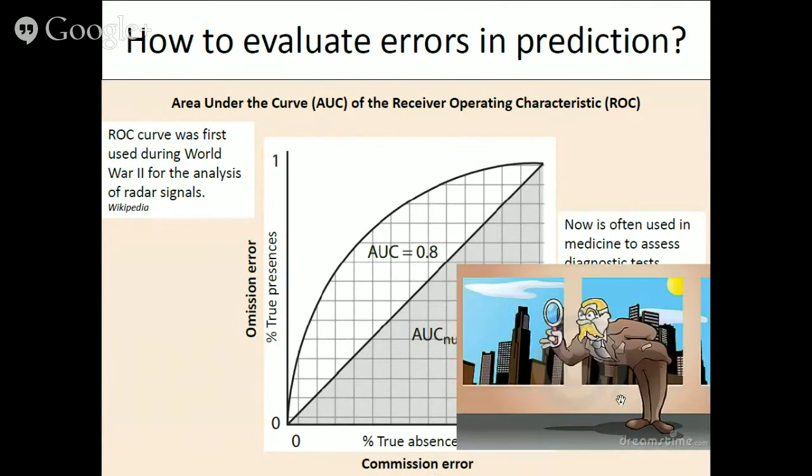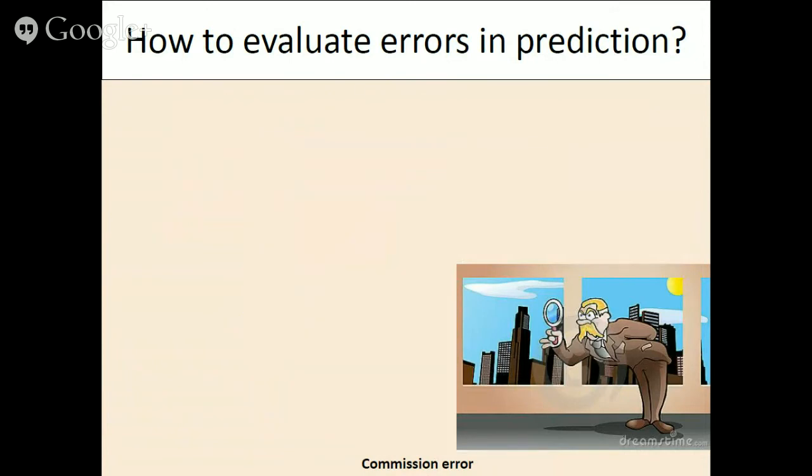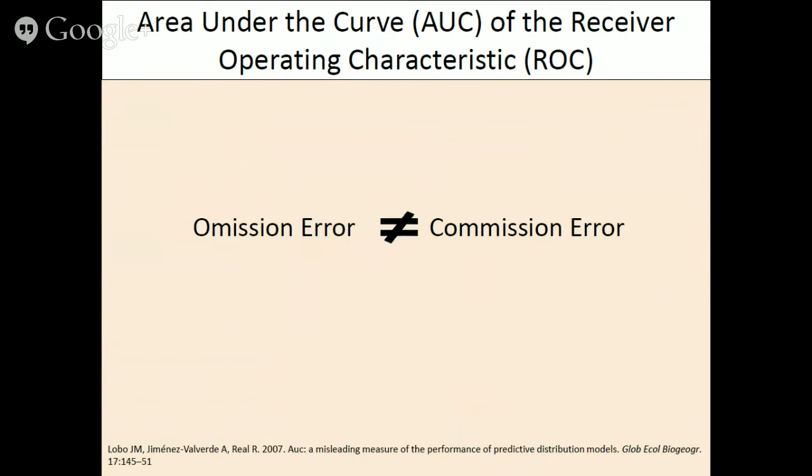So I would like to put a little bit of attention on the commission error. Commission error is the areas that were predicted as present, but the species is not there. So that's not a big deal for some organisms.